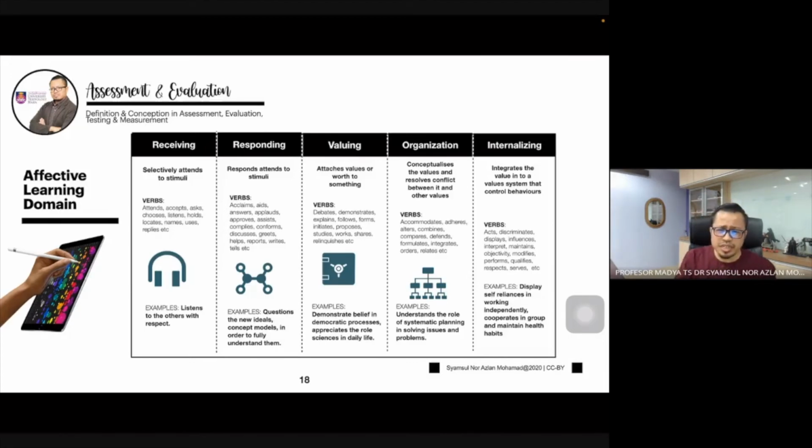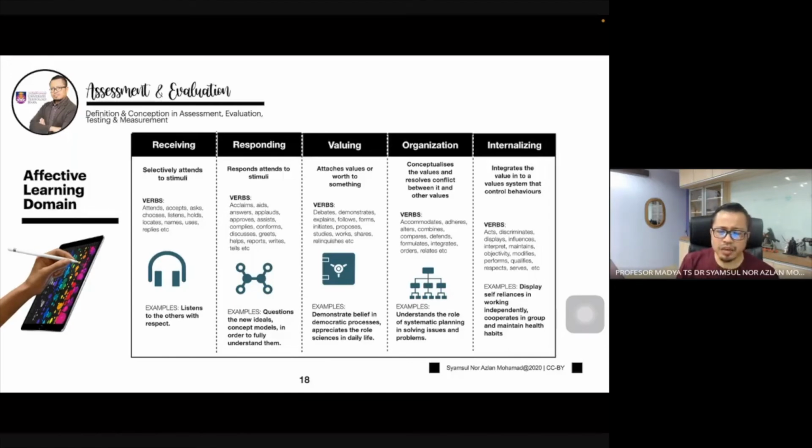So these are the things that we need to nurture in the classroom, and even in our daily life. The process of receiving, responding, valuing, organizing, and internalizing does not only happen in our formal learning, it also happens in our informal learning especially.